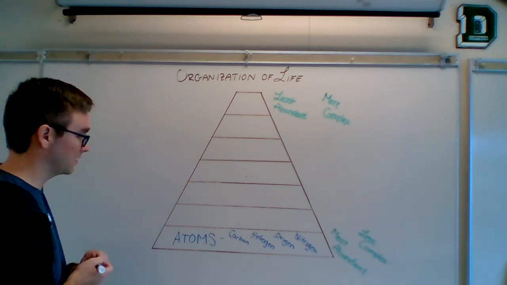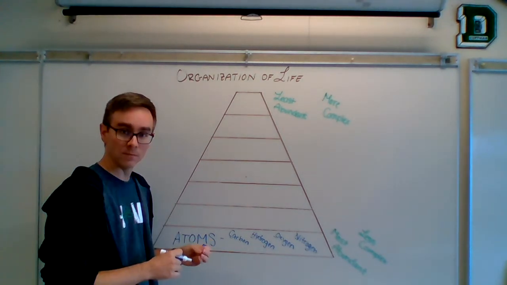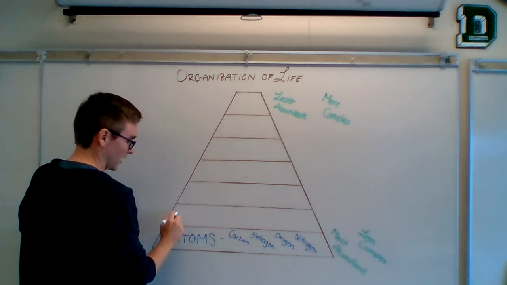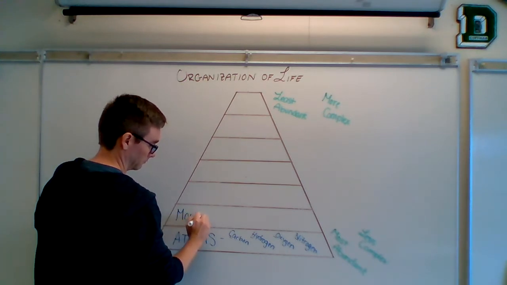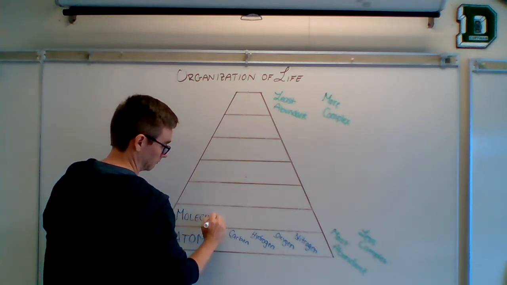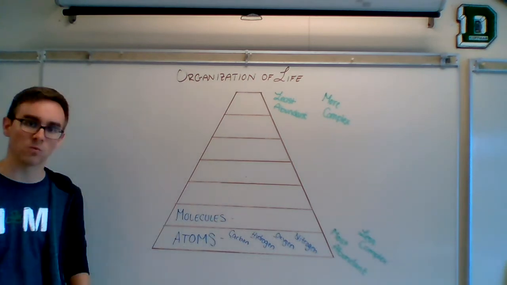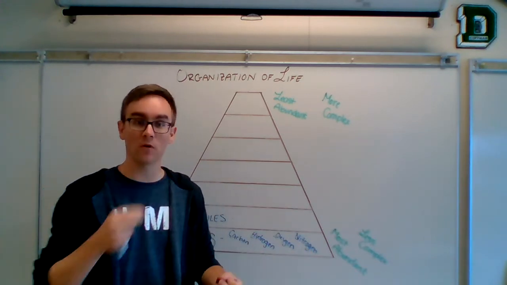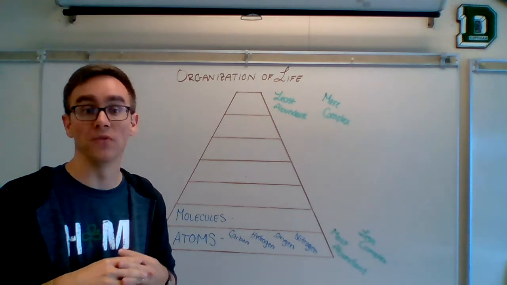From atoms, we move on up. We can start combining some of these atoms, putting a couple Lego pieces together, and what we start creating is a molecule. Since these are all non-metals, they are mostly formed through covalent bonding.